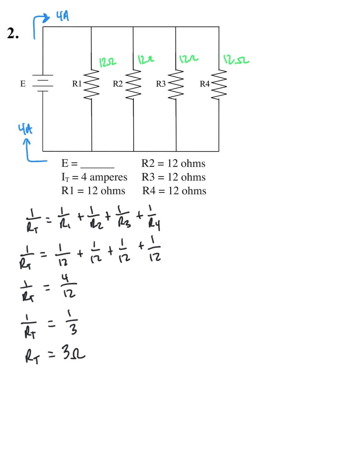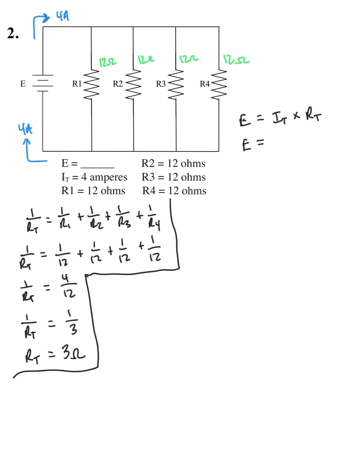So now, right, I'm going to block this off. We're trying to solve for voltage still. So voltage would be equal to current total times resistance total.